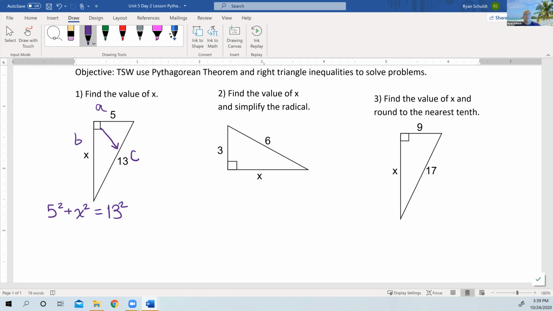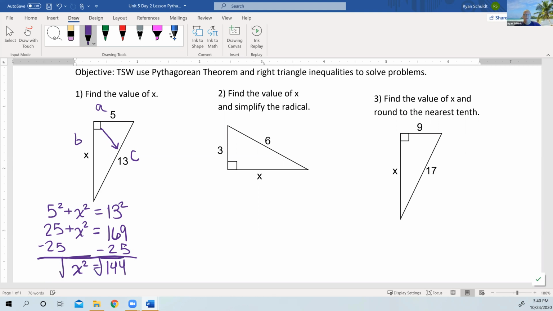Now what is 5 squared? 25 plus x squared equals 13 squared, which is 169. Subtract the 25. We get x squared equals 144.